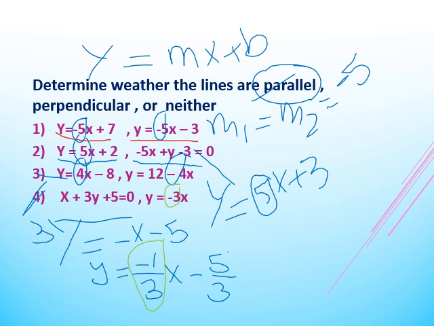I mean that m1 equals negative 1 over 3 and m2 equals negative 3, which means that the two lines are neither parallel nor perpendicular. They could only be perpendicular if one equals 3x and the other equals negative 1 over 3 x. So take care that you should convert to the same form first, then compare and decide whether they are parallel or perpendicular.